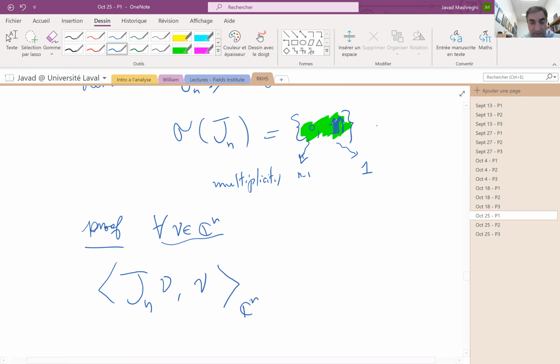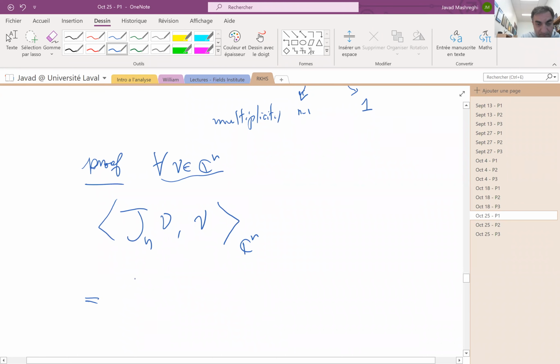And if you write it more explicitly, this is sum over i and j from 1 to n, alpha i bar, alpha j times the ij element of Jn, which is all the time equal to 1.